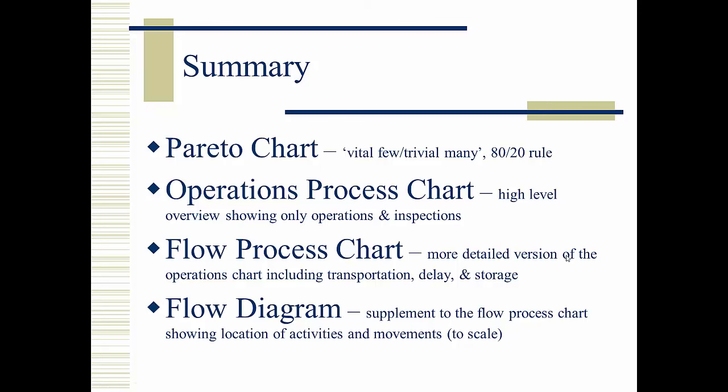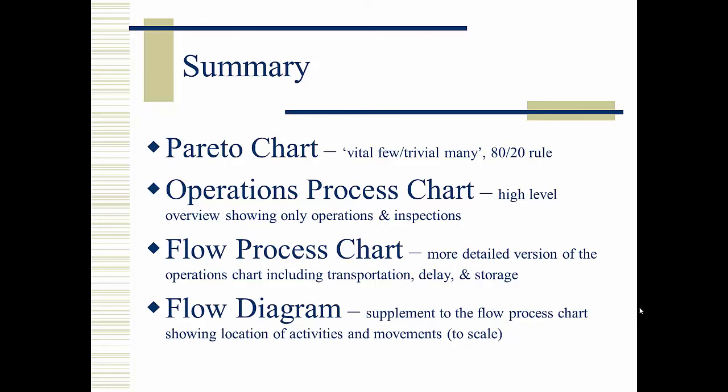It includes the time that the material, person, or equipment, whichever one you're looking at, is at that particular step, and the length traveled. It has nice summary data in the header information. And then the flow diagram, also known as a spaghetti diagram, is a good supplement to the flow process chart because it gives us a visual of how the material, person, or equipment is moving throughout the facility. So that concludes our problem-solving tools.